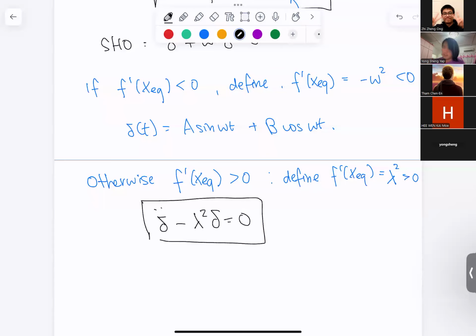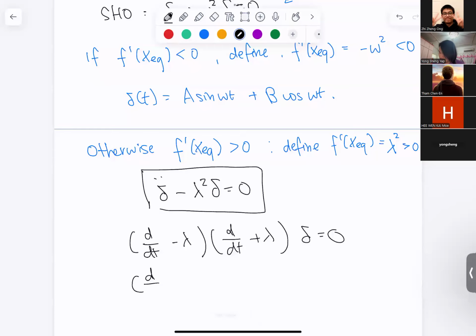Can anyone tell me what are the solutions to this equation of motion? What is delta as a function of time? Non-imaginary exponentials. If you're not sure, this can be easily factored into d over dt minus lambda, d over dt plus lambda, acting on delta equals zero, and also d over dt plus lambda, d over dt minus lambda.